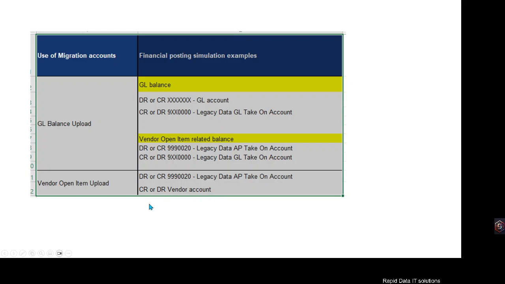So this is how you actually migrate with the help of the take-on account. You have two take-on accounts in this case: the GL balance take-on account and the AP take-on account. The AP take-on account is to facilitate the migration of the AP open items on the ledger side, in the GL balance side, and on the vendor AP side, the vendor open item side.